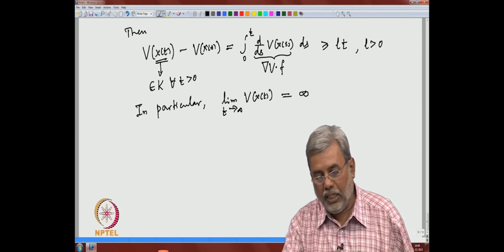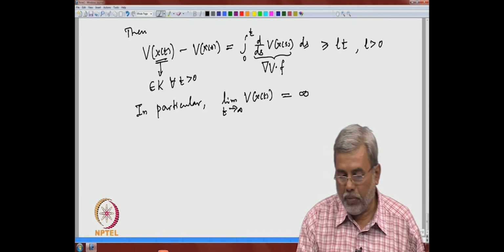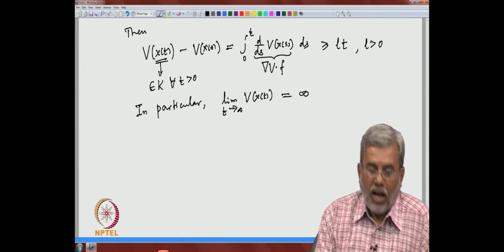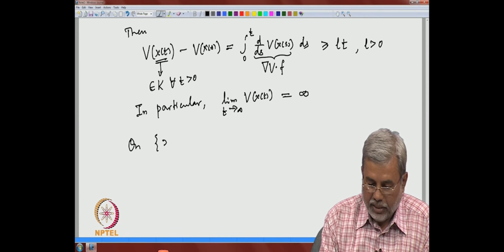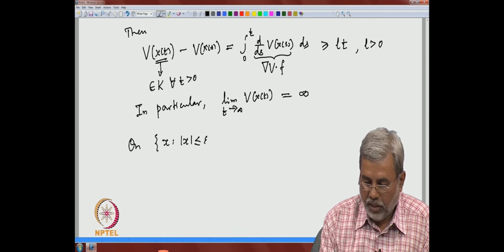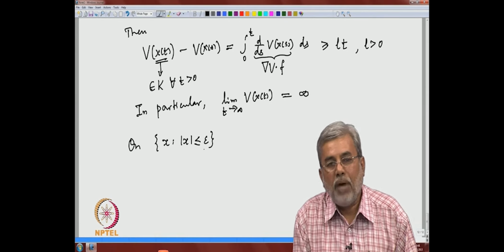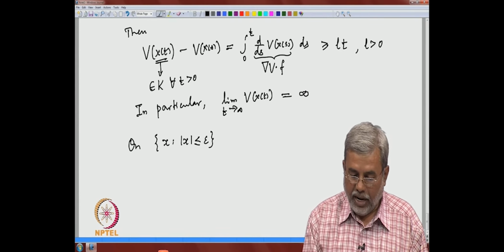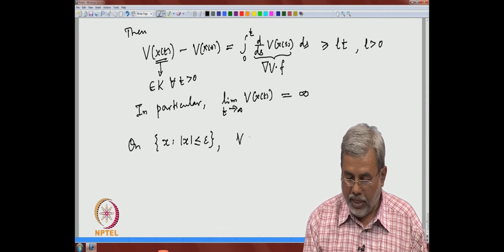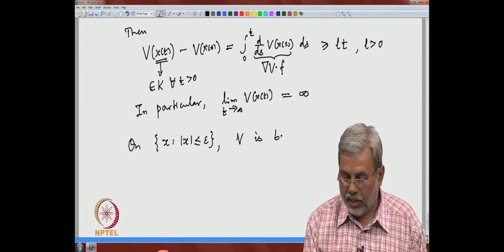That does not say anything about x t as of now, but now you see on this set, norm x less than or equal to epsilon, this is a compact set in the Euclidean space R n, and V is continuous, so V is bounded.